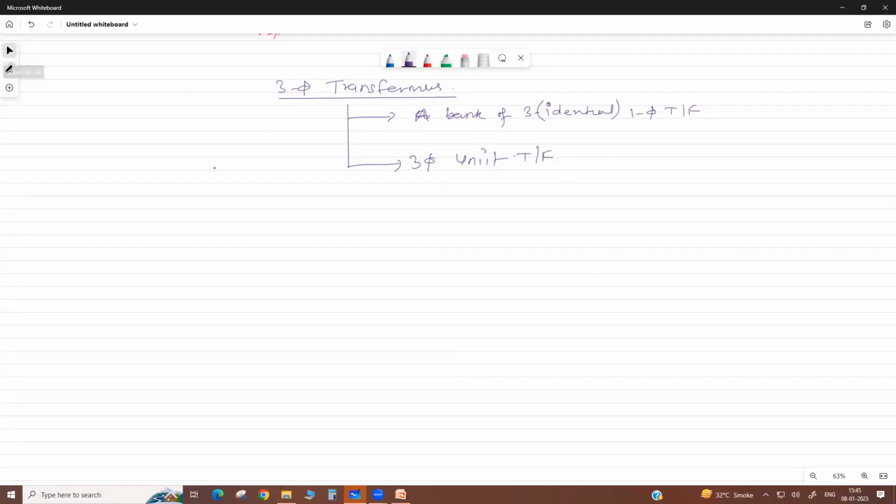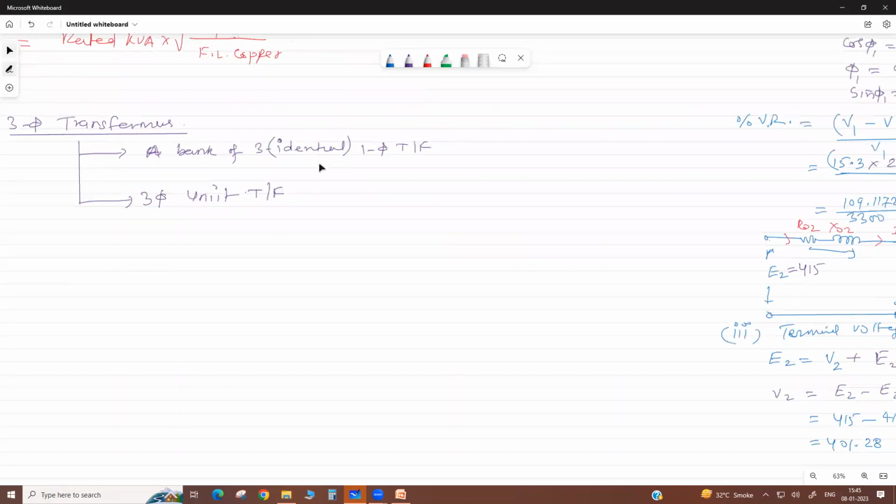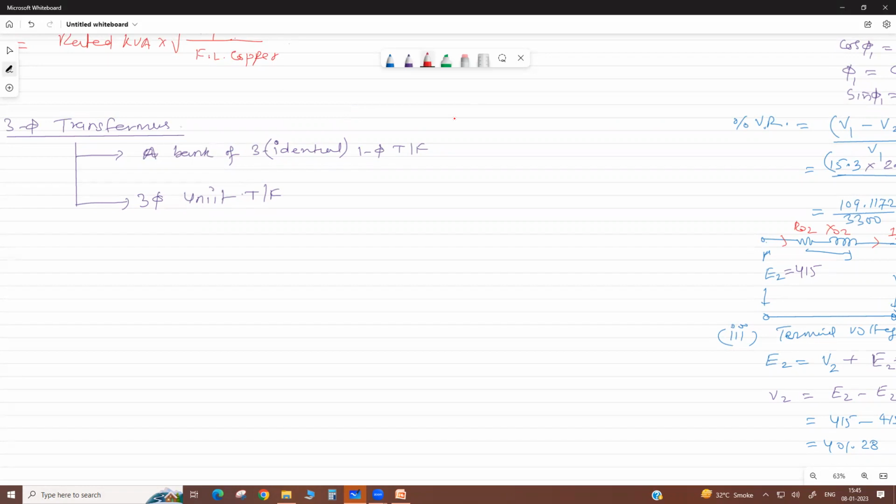There are advantages and disadvantages. When we talk about the bank of three single-phase transformers, there are three different single-phase units, but identical: same turn ratio, same percentage impedance, same voltage ratio.